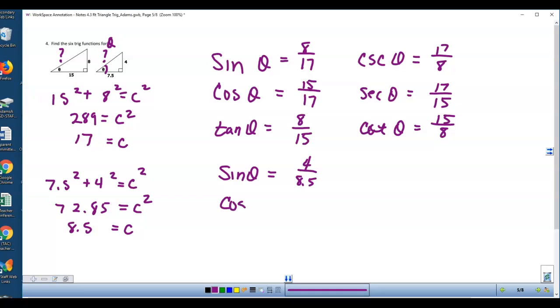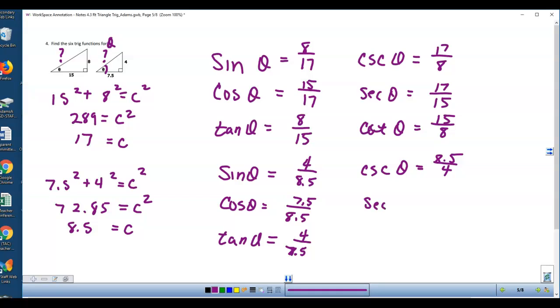Cosine of theta is 7.5 over 8.5. Tan of theta is 4 over 7.5. I almost used the wrong side. And then the reciprocals. Cosecant of theta equals 8.5 over 4. Secant of theta equals 8.5 over 7.5. And finally, cotan of theta equals 7.5 over 4.